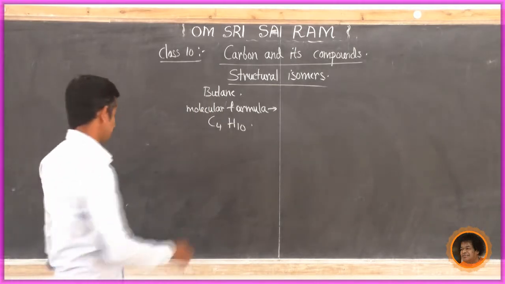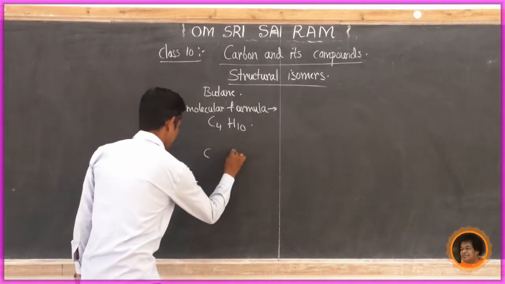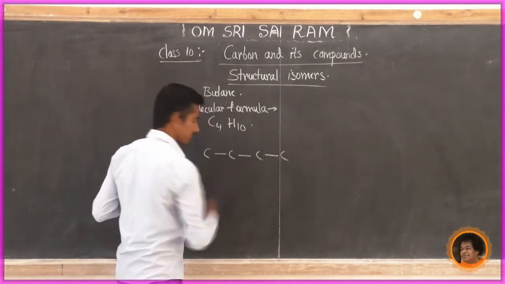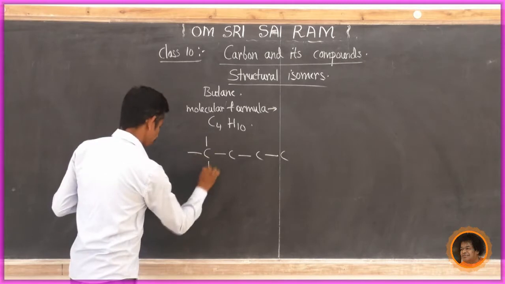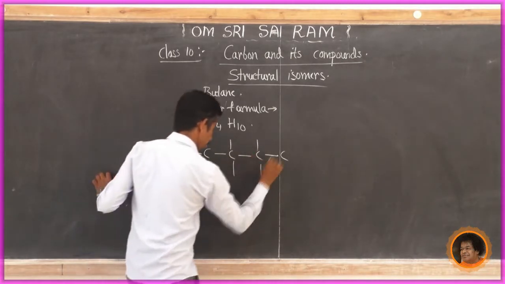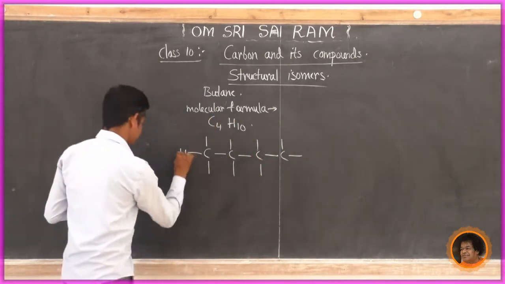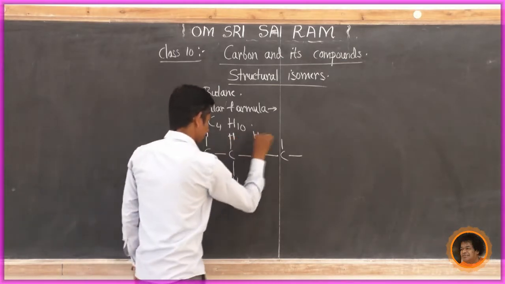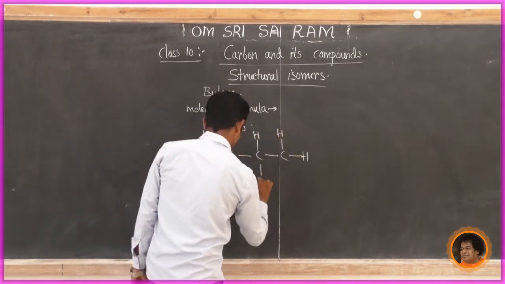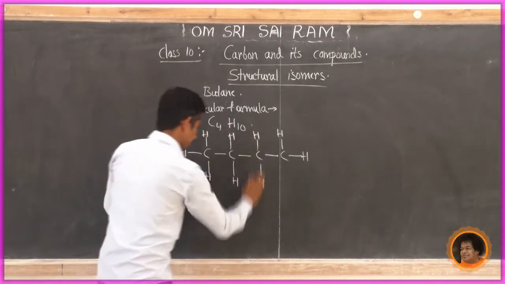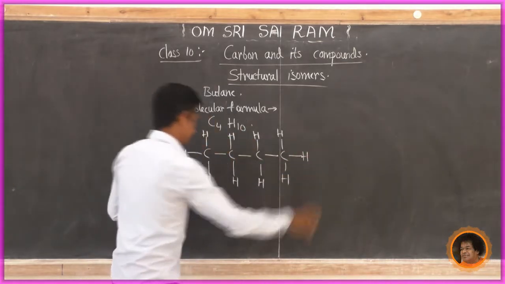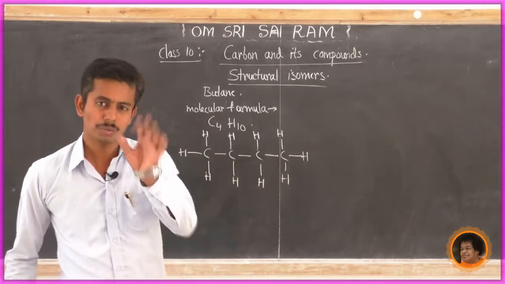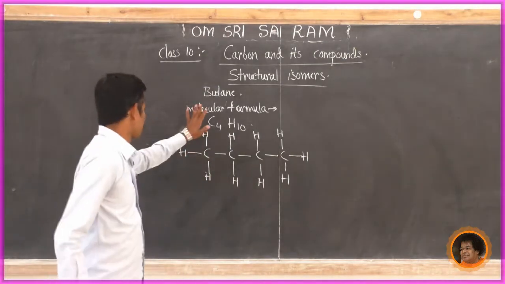If I write the structural formula: carbon 1, 2, 3, 4 with single bonds, because it is an alkane, and four covalent bonds for each carbon, so this is hydrogen: 3, 5, 7, 10. This is the structural formula of butane, or normal butane.